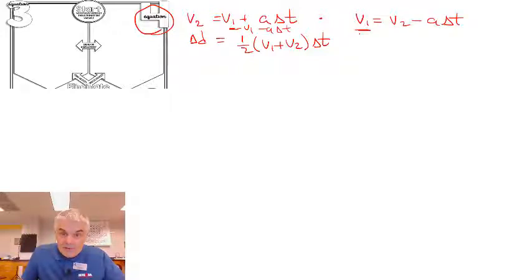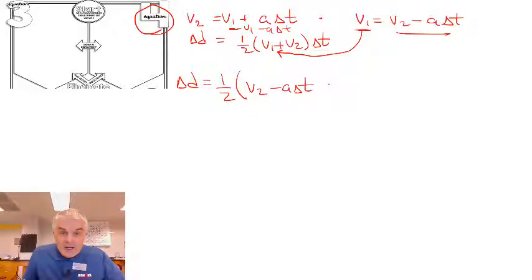Now I have a V1, and I can plug this into the second equation. So I can say delta D equals 1/2 times, now V1 is this, V2 minus A delta T, plus V2, all times delta T. Okay, and so let's distribute, we got a V2 and a V2.